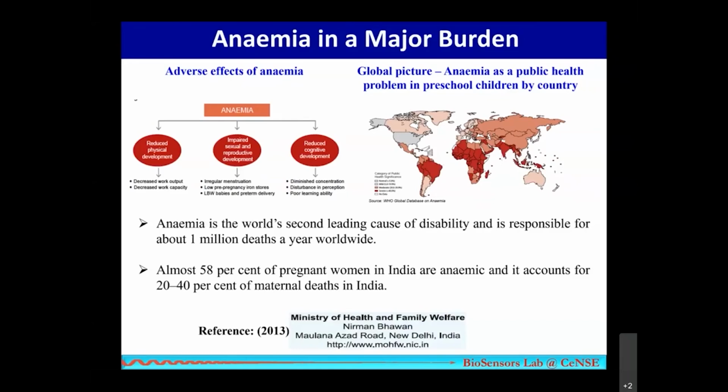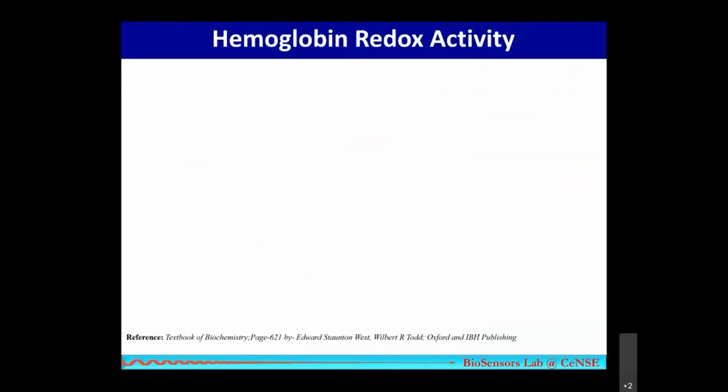So if you can do an early diagnosis, easy diagnosis, that is the crux of this problem, right? So you see here, we are not trying to detect a bug, right? It's a protein which is already there in the body, but the protein is at very, very low level. It's below the normal range, and that is what we want to detect, right?